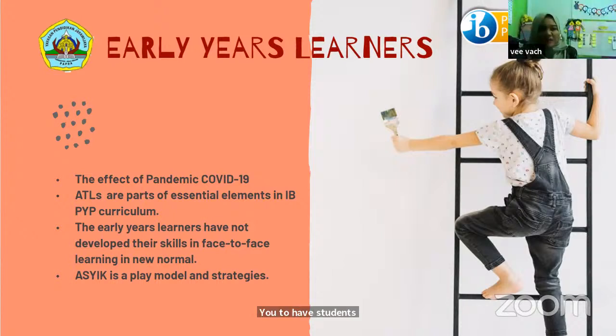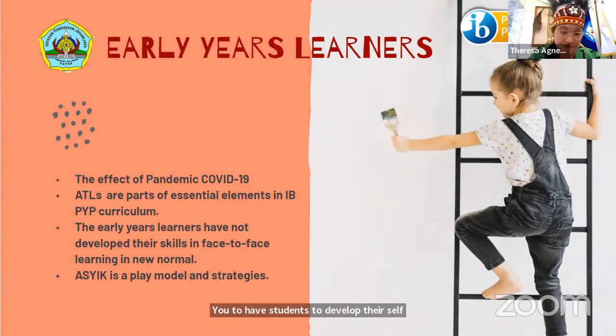And the third is about the early years learners have not developed their skills in face-to-face learning in the new normal. Yes, it is, because actually we just do face-to-face by online using Google Meet or Zoom.